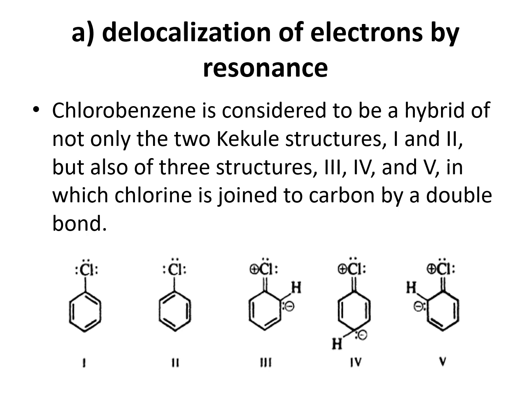The first point is delocalization of electrons by resonance. We know that halobenzenes or chlorobenzene, it has a benzene ring. So obviously it can exist as a resonance hybrid of two Kekulé structures. And moreover, this chlorobenzene can even exist in three more structures.